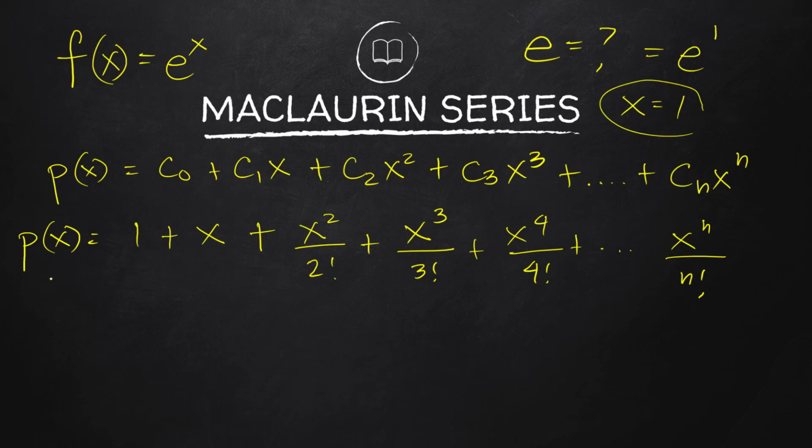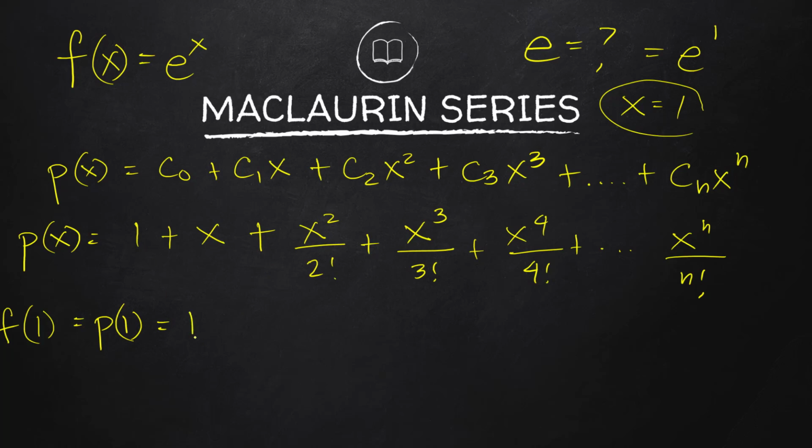Now that we have your approximating function and we have already substituted the value of your constants, we can now evaluate the value of e raised to 1. So this will be equal to f of 1 is equal to p of 1.